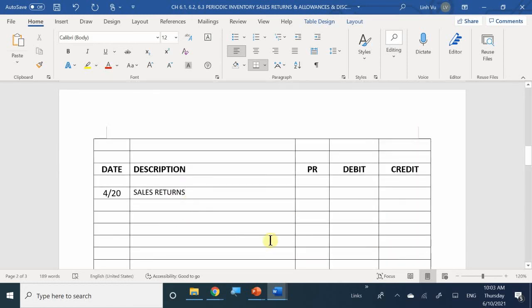So sales returns and allowances, right? They attempted to return 25 of those cups, but somehow I convinced them to keep the cups, and they're willing to accept a 15% discount.